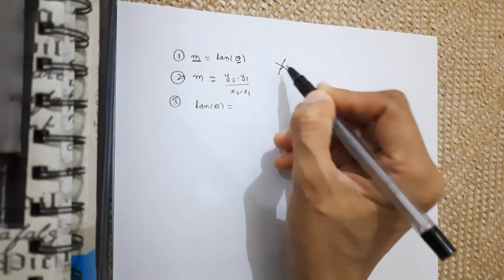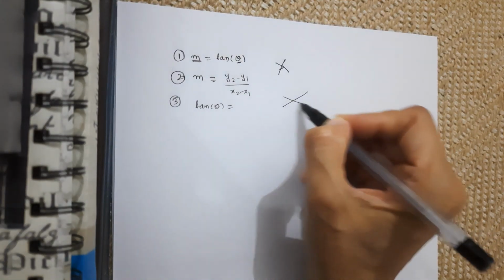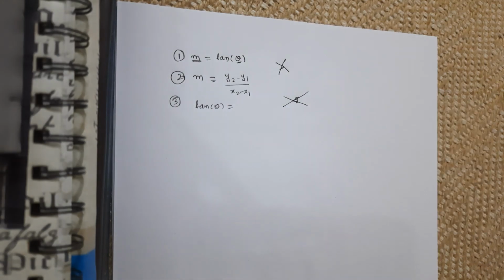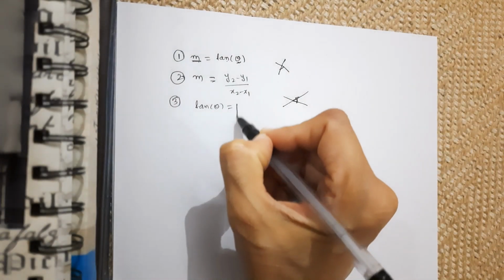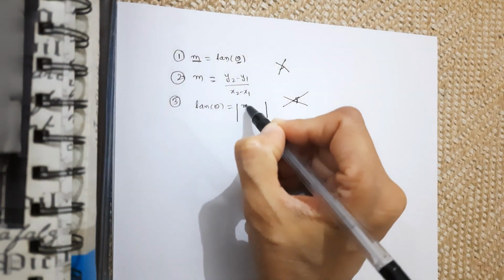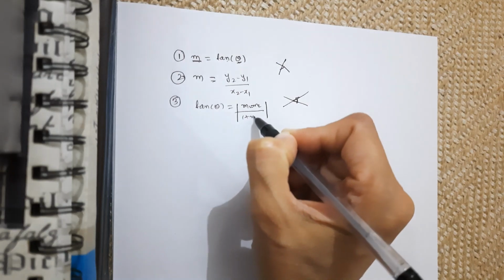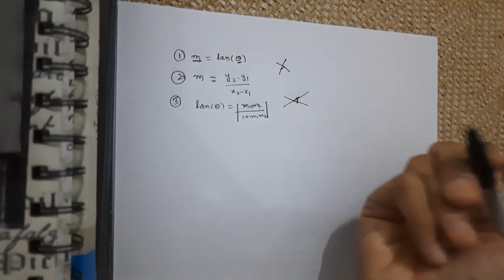These are the lines that are cutting each other, and we want to calculate the angle between them. So tan theta is given by the mod of m1 minus m2 upon 1 plus m1 into m2.